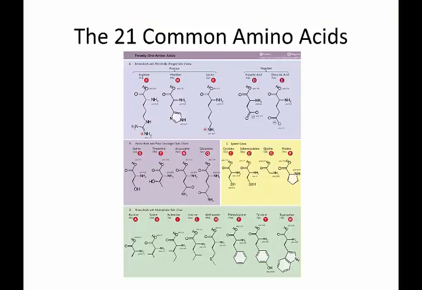Here we have a table showing the 21 common amino acids. This is absolutely not something you have to memorize, but I want to show you some of the diversity we have in amino acids. Let's look first at arginine. If you look closely, arginine has 2 abbreviations.